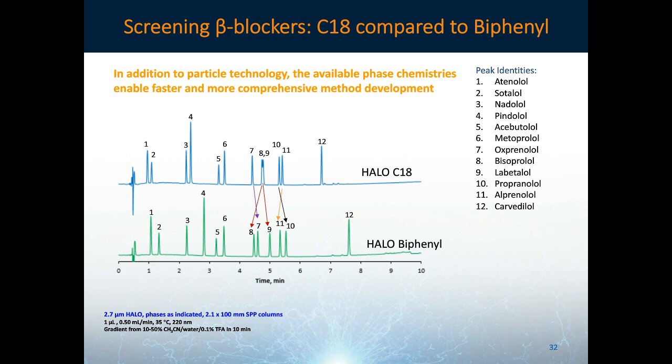The other interesting thing is that you have an elution order switch with peaks 7 and 8 going from the Halo C18 to the Halo biphenyl. And then finally, another elution order switch for peaks 10 and 11. These reverse and are better resolved on the Halo biphenyl phase. So in addition to our particle technology, the available phase chemistries enable faster and more comprehensive method development.